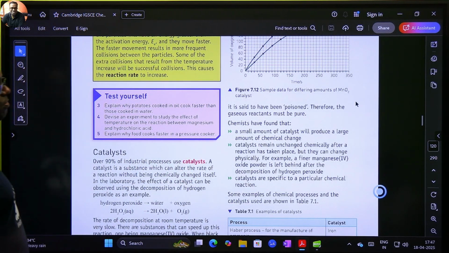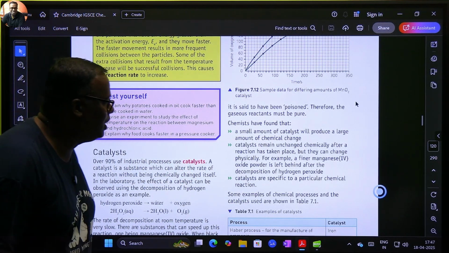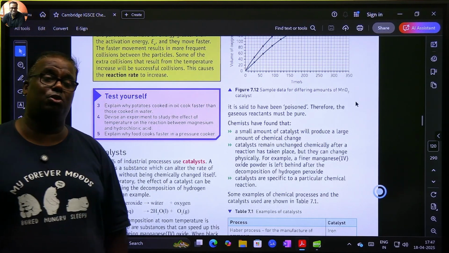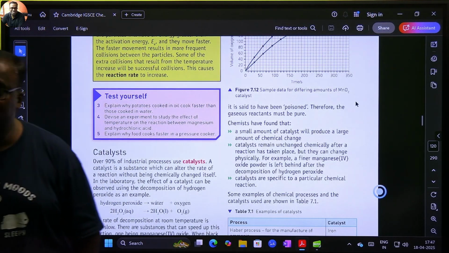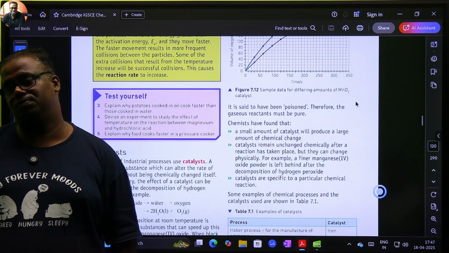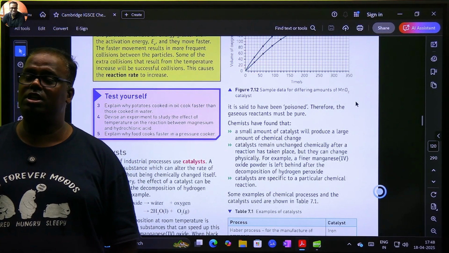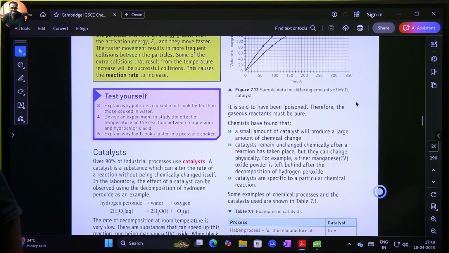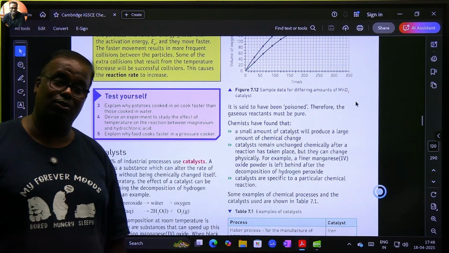So catalysts remain unchanged chemically after a reaction has taken place, but they can change physically. This is important. A catalyst does not react chemically, but a catalyst may have a change in its physical form. You introduced a catalyst in the form of a solid, and later the catalyst was collected back in the form of a gas. That can also be possible.